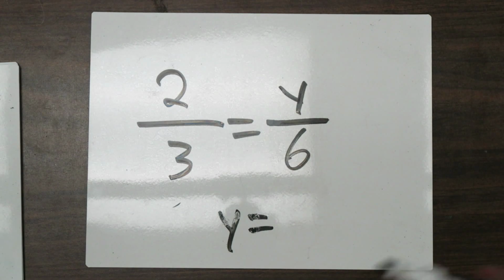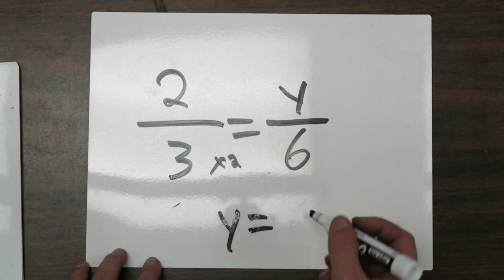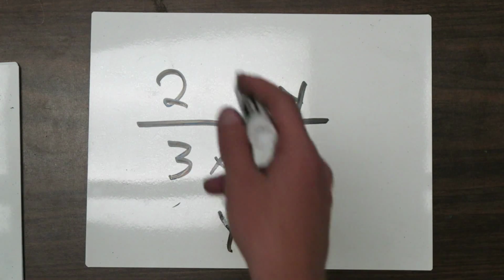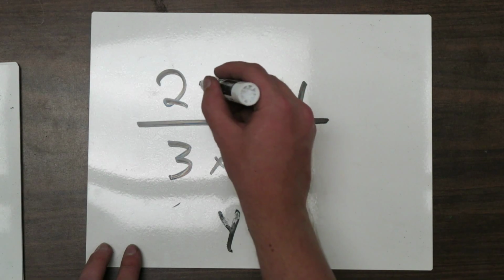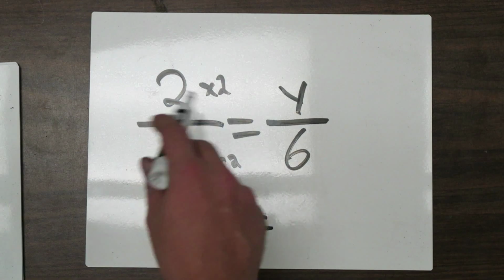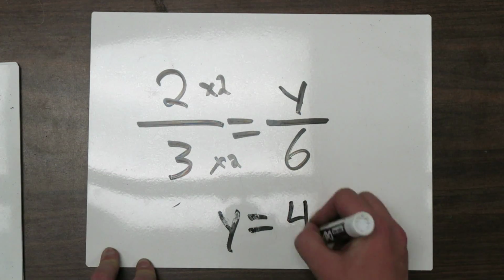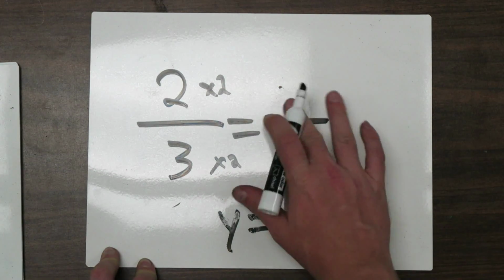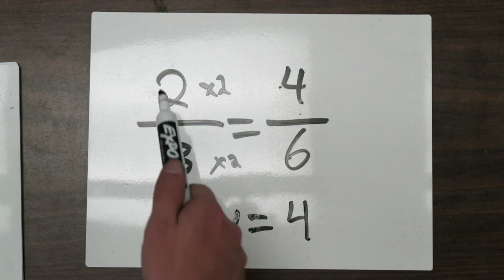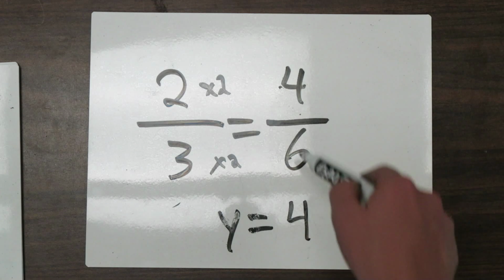From 3 to 6, how did I get there? Well, 3 times 2 equals 6. And whatever I do to the bottom number, I have to do to the top number. So I can multiply this times 2 to get the value of y. And 2 times 2 is 4. So I could replace y and say that a proportional relationship between 2/3 is 4/6.